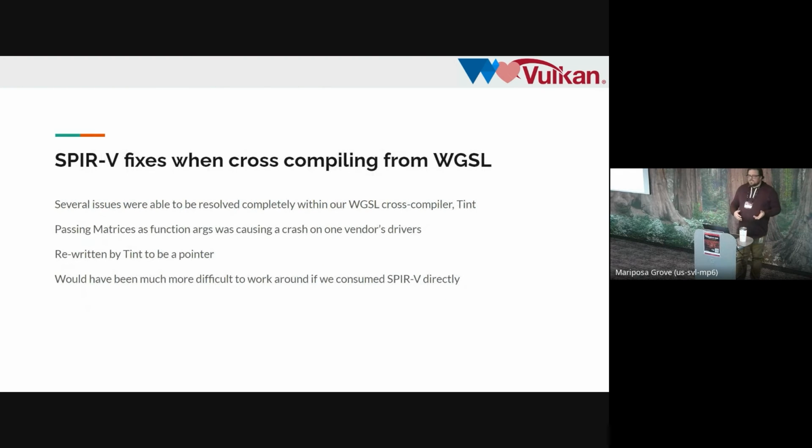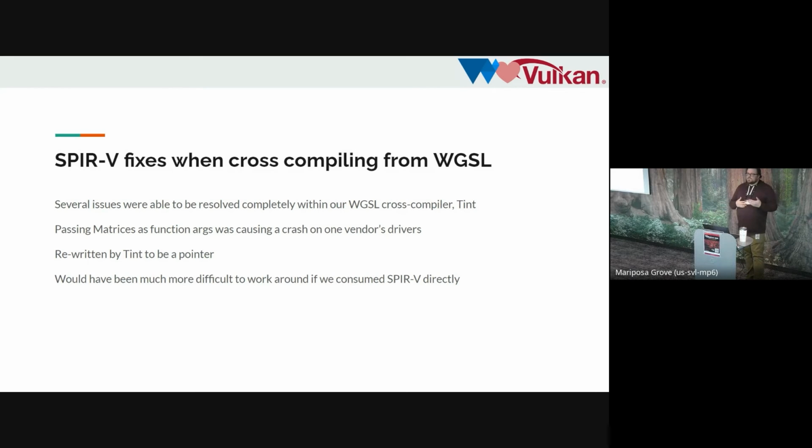Similarly, on the shader side, we had several issues that we were able to completely resolve within our shader cross compiler, which we call Tint. An example of this is that on certain vendors, we found that passing matrices as a function argument was causing a crash and context loss. The solution to this was pretty simple. We were able to just rewrite the matrix passing as passing by pointer in our cross compilation.